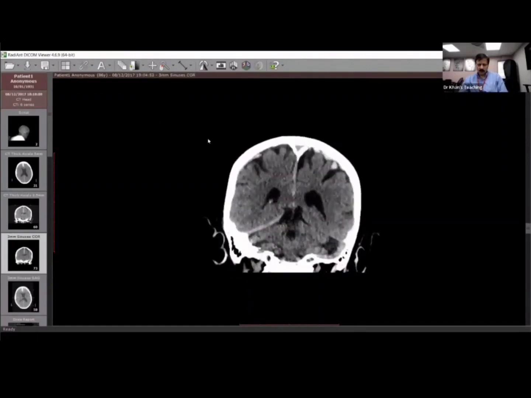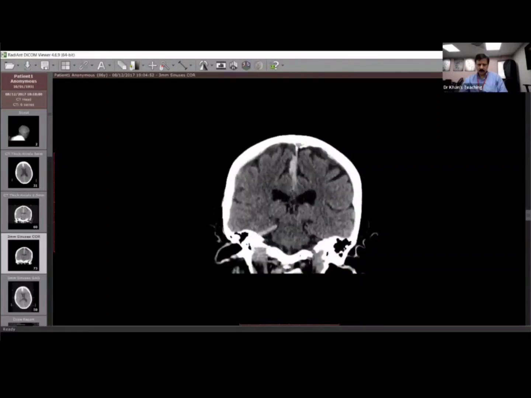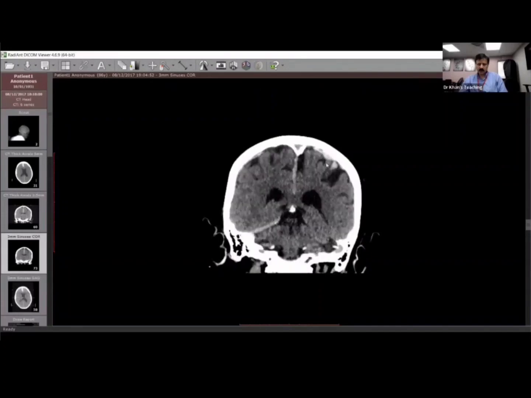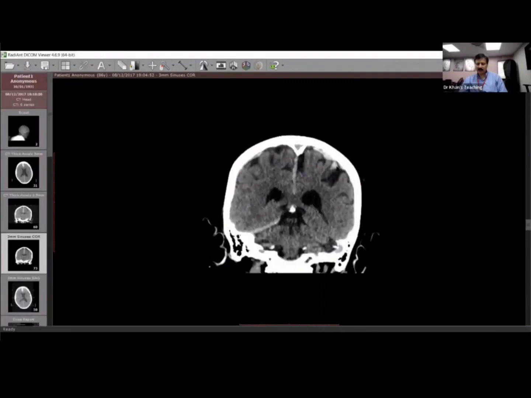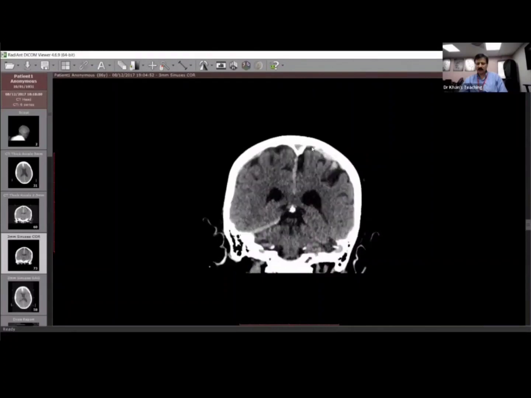Now, this thing here, you see this thing here? And how do you explain this? You see, it is not subdural space, it is not subarachnoid space, it is hanging in the subarachnoid space. And you see the configuration, and actually it goes and then maybe communicates here.